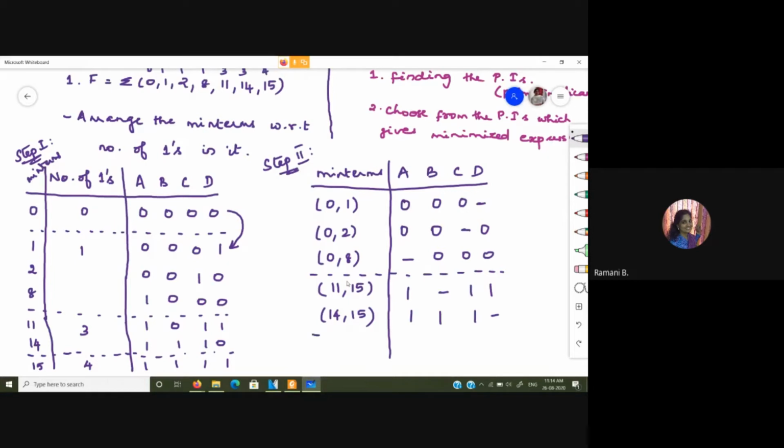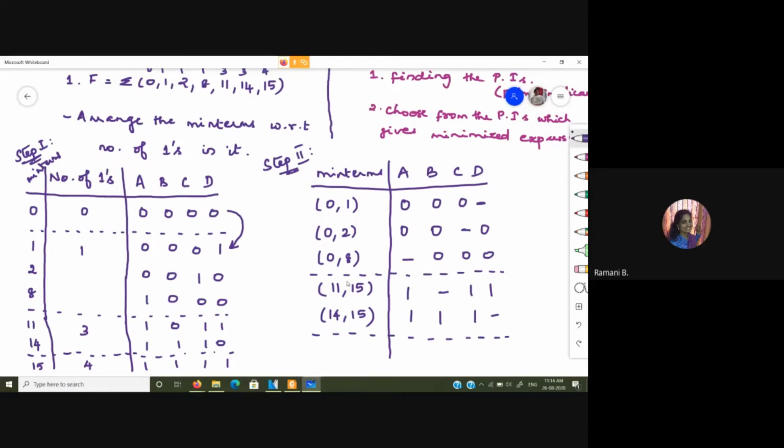Now here, as we are not having the two number of ones group, we cannot go ahead with the further steps for minimizing this. Otherwise, what we need to do is fix the dash position and then go ahead with the comparison. So always remember that only one variable should change at a time.